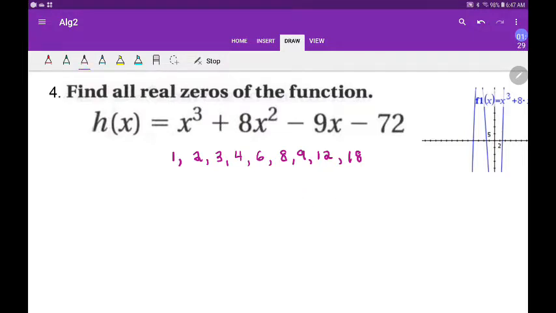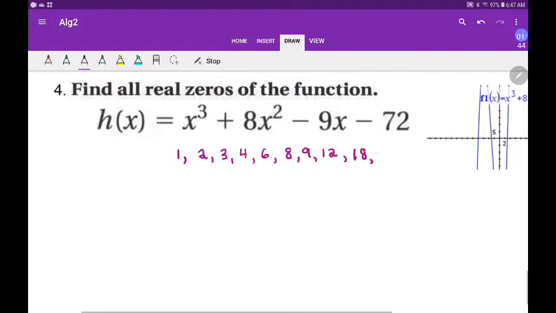And let's see, what goes with the 3? It looks like 24. 24 goes with 3? Yeah, 24 goes with 3. It's hard to remember which one I'm doing.